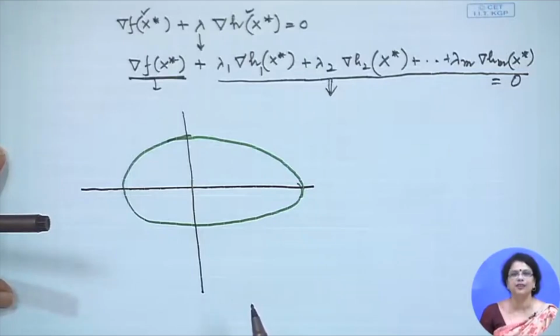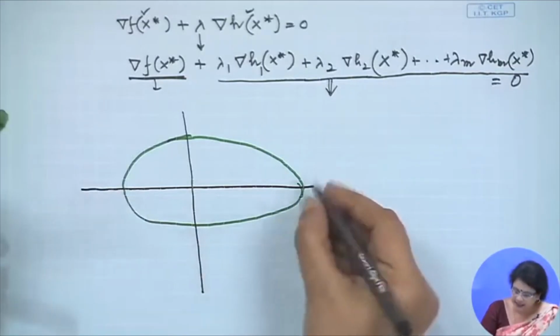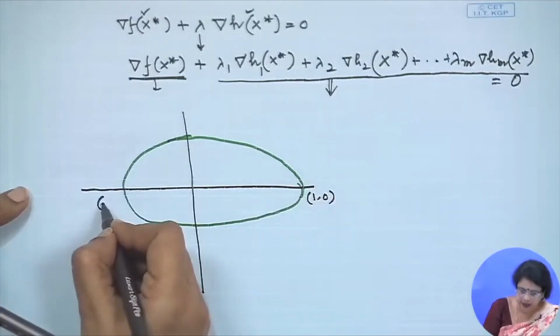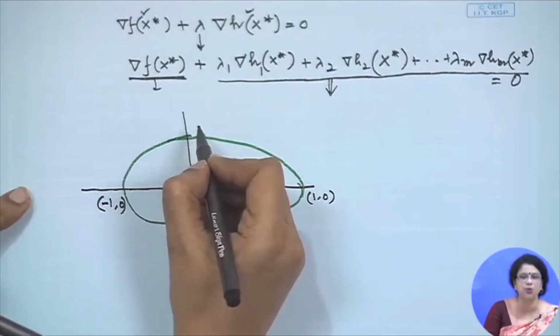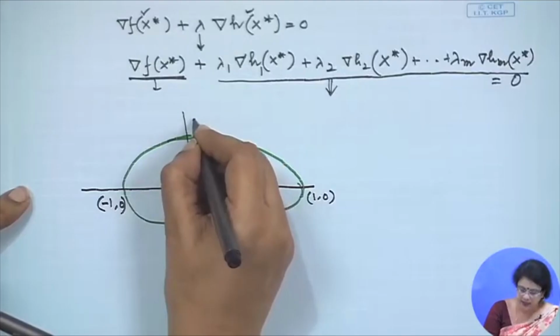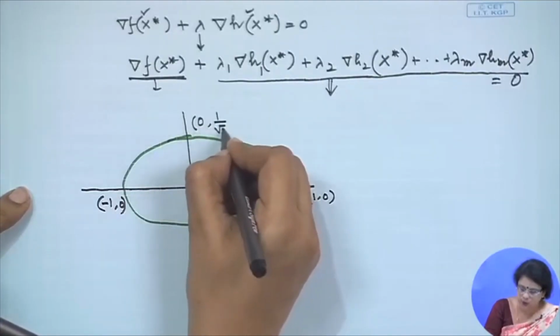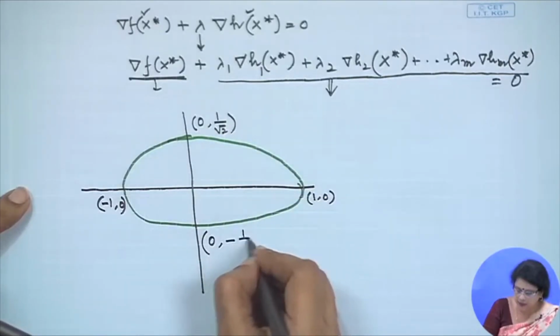From the equation we can say that this point is (1, 0), this point is (minus 1, 0), and in y, since 2y square is equal to 1, the points are (0, 1 by root 2) and (0, minus 1 by root 2).